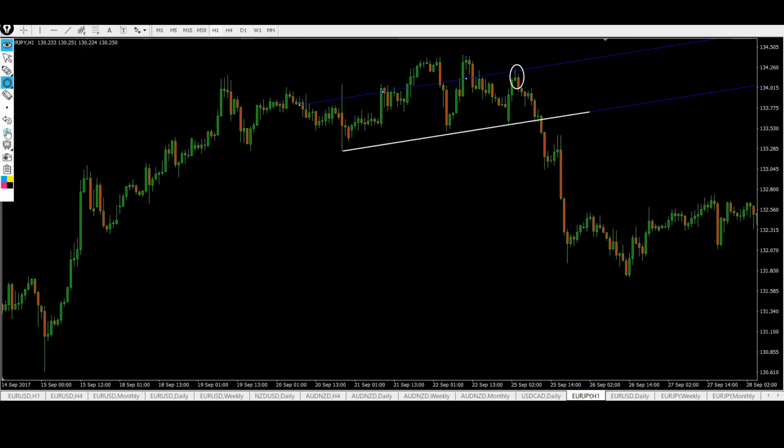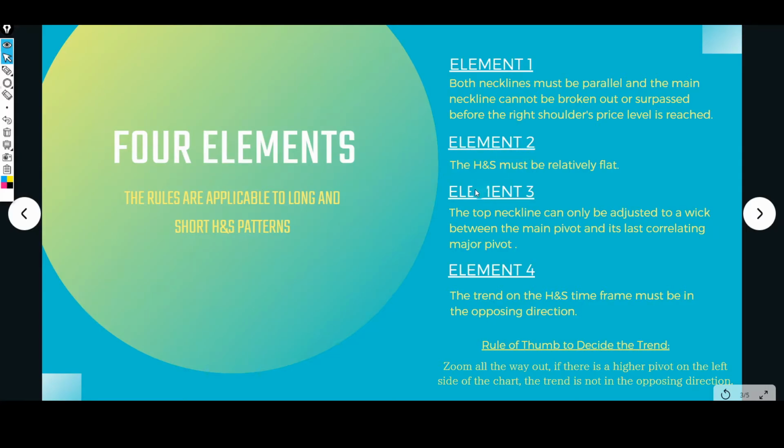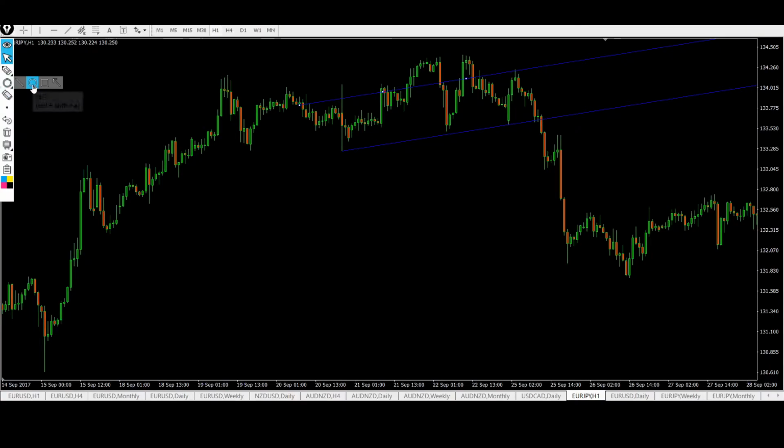So just to review, the 2 necklines must be parallel. We have that checked. And there cannot be a breakout or surpass of the main neckline before the right shoulder's price level is reached. Okay, so we cleared element number 1. Alright. Okay, element number 2. The H&S must be relatively flat. Okay? Alright, so a simple way to know if your H&S is flat enough is to first draw a clock.